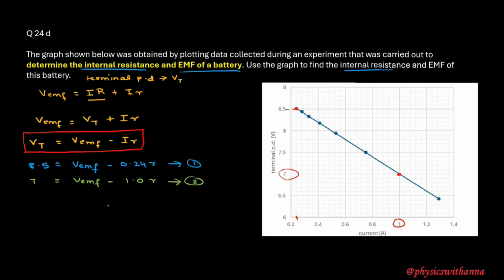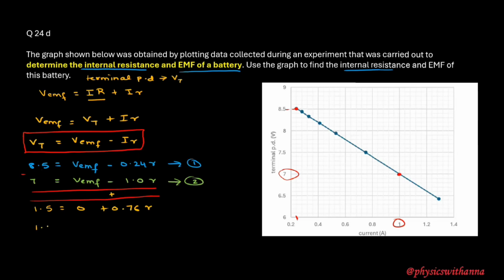Now to solve them simultaneously, I'm going to subtract them. So you subtract this expression and then we get the answer. 8.5 minus 7 will be 1.5 equals V EMF minus V EMF will be 0. Minus and minus here will become plus. So 1 minus 0.24 will be 0.76 r.